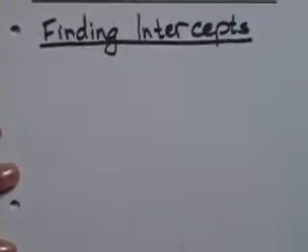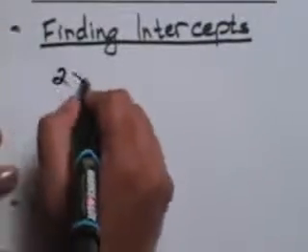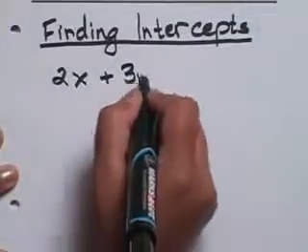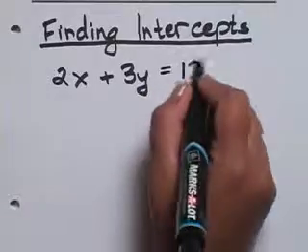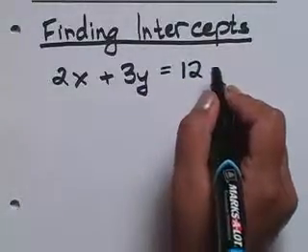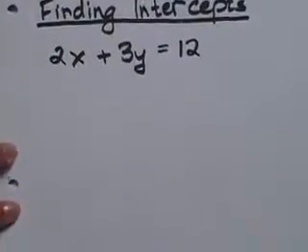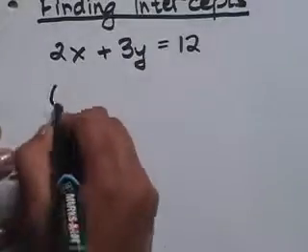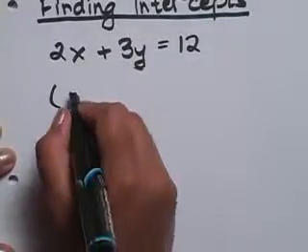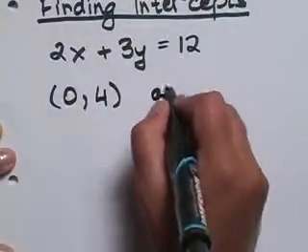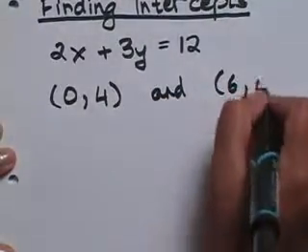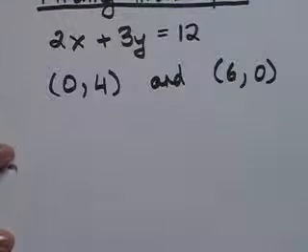Okay. Now, if you recall the example that we did a little bit ago, we talked about the equation 2x plus 3y equals 12, and we actually found two solutions to this equation. We had the solution (0, 4) and the solution (6, 0).